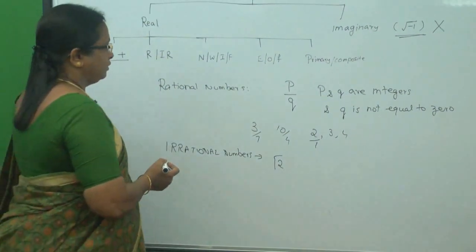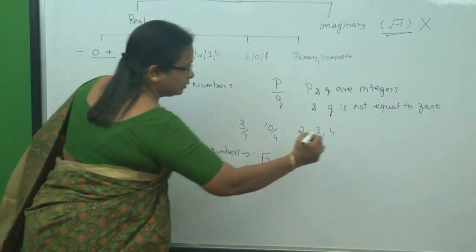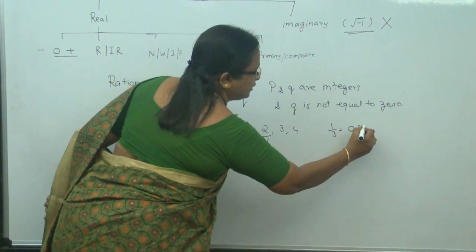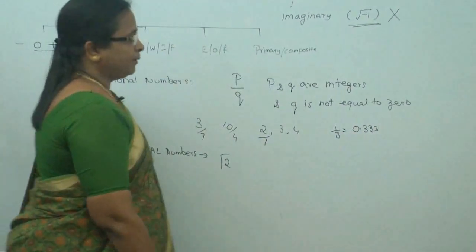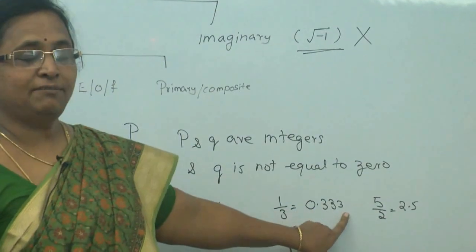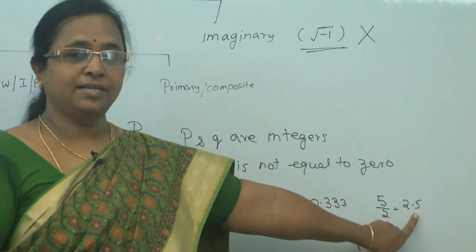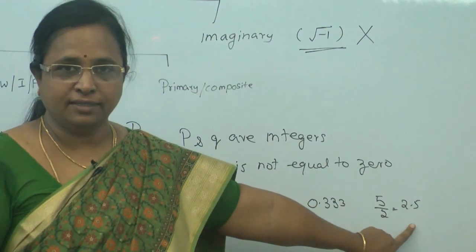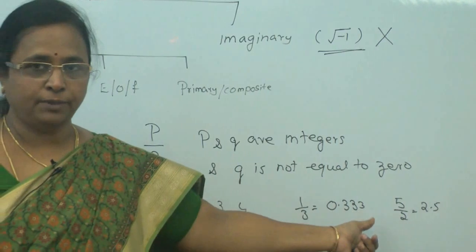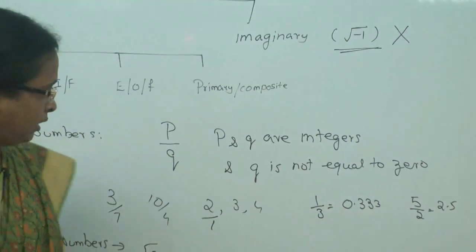For example, 1 by 3 is 0.333..., and 5 by 2 is 2.5. Either it repeats after the decimal or it terminates after the decimal. So these are called rational numbers, because these numbers can be written as p by q, 5 by 2 or 1 by 3.